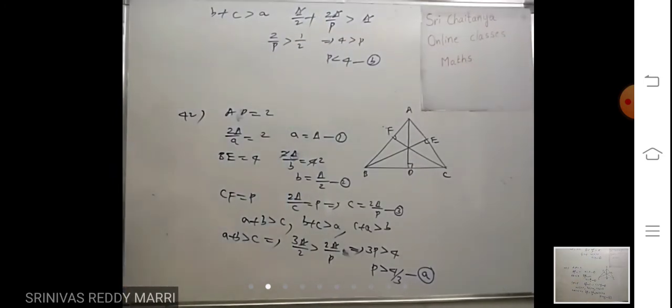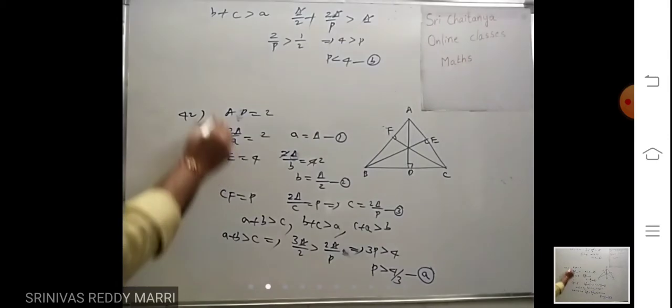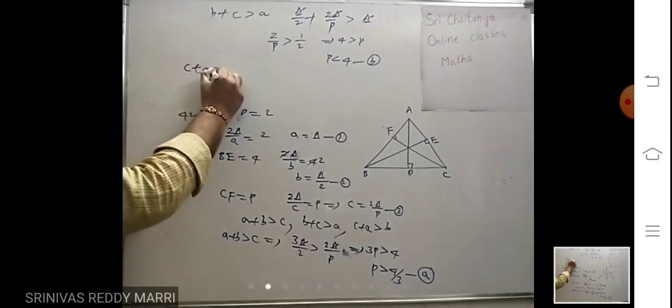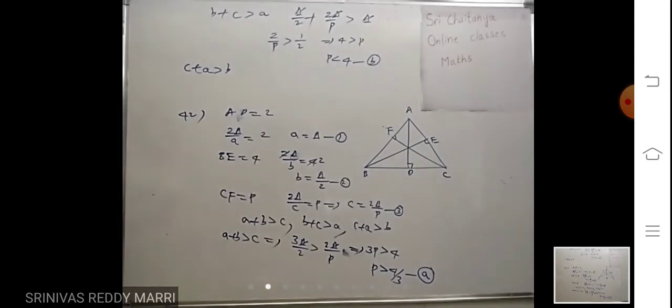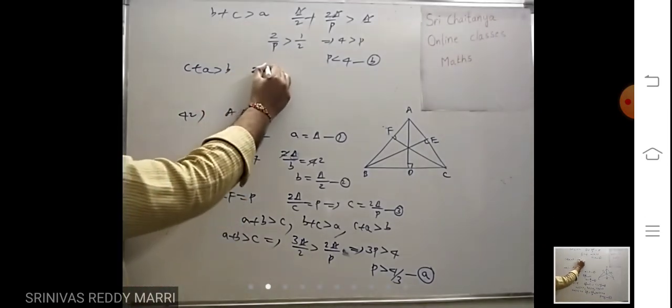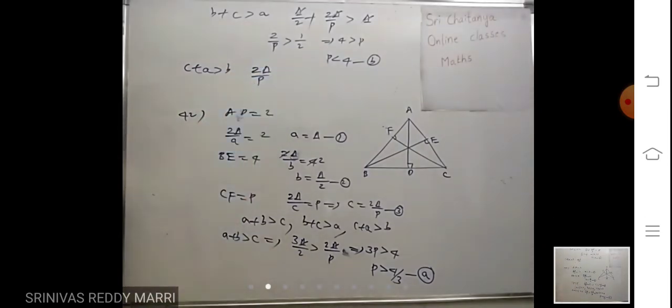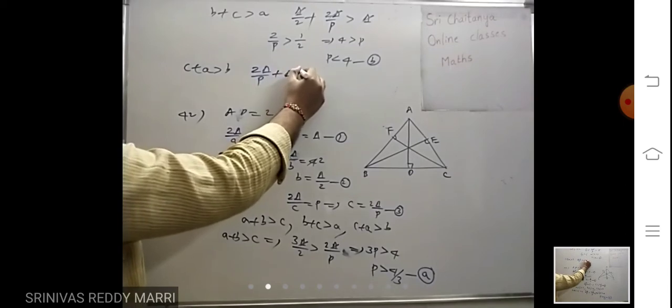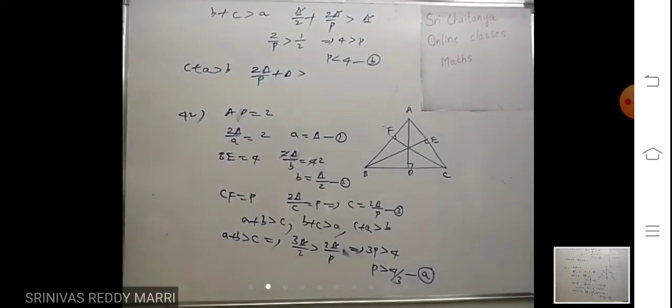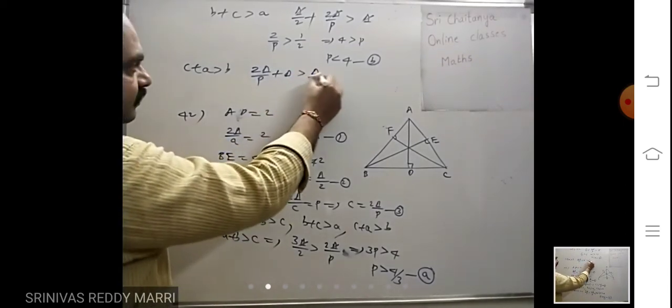Now I am using the third inequality, C plus A greater than B. All the three must be satisfied if they are forming a triangle. C plus A greater than B means 2 delta by P plus delta greater than delta by 2.